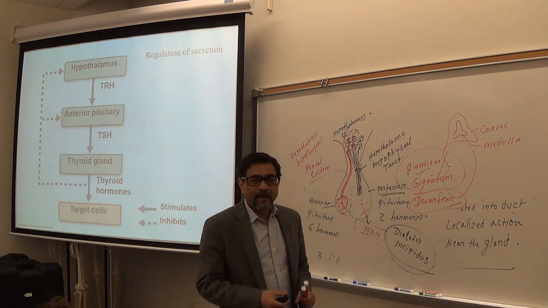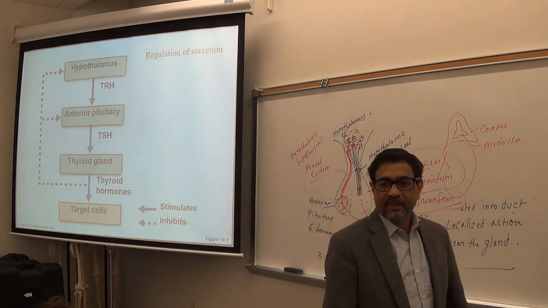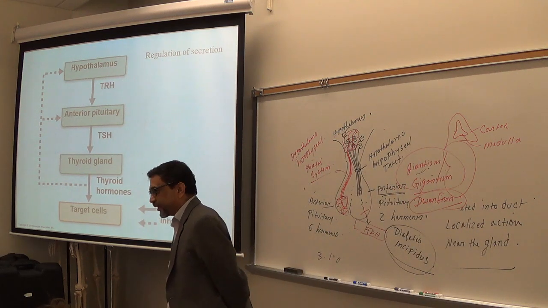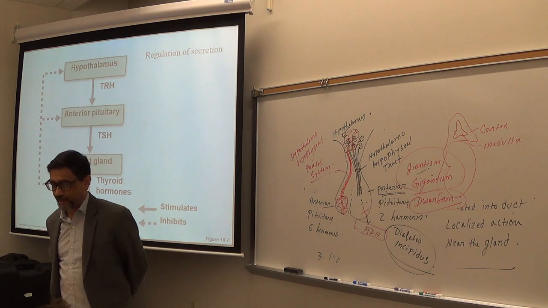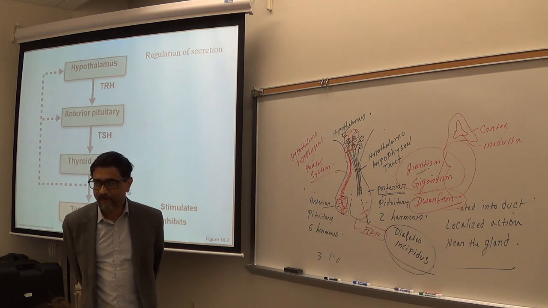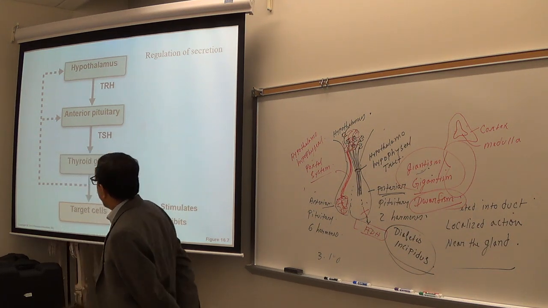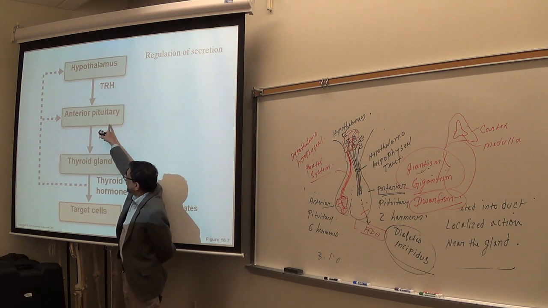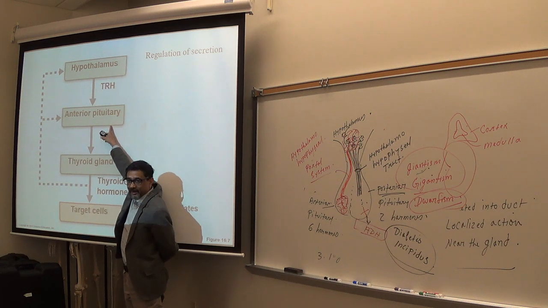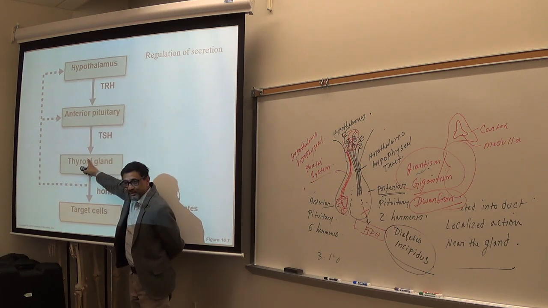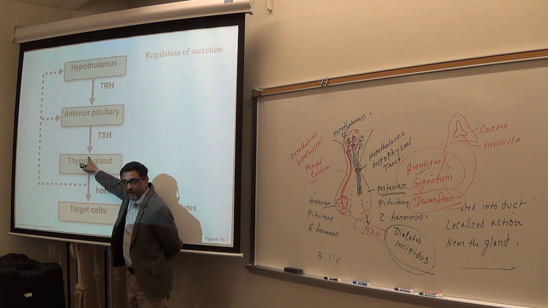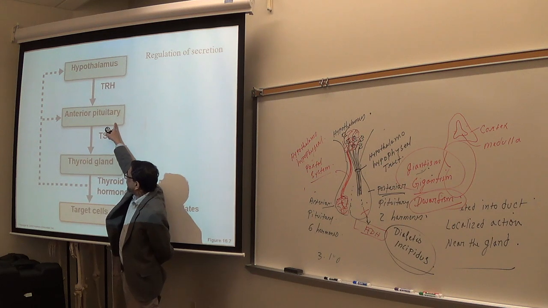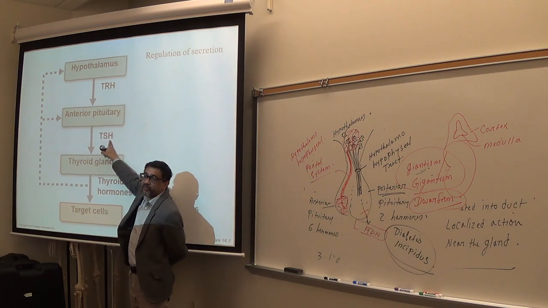How is endocrine secretion regulated? Just know that endocrine secretion is controlled by negative feedback mechanism. You already know negative and positive feedback mechanisms. We already know hypothalamus sends signal to the pituitary, right? And pituitary releases the hormones, and those hormones work on the other glands of the body, right? For example, anterior pituitary releases thyroid stimulating hormone.